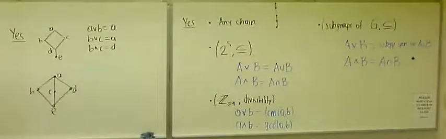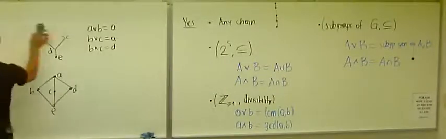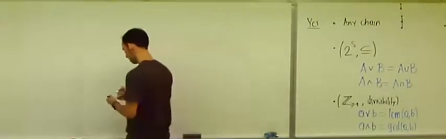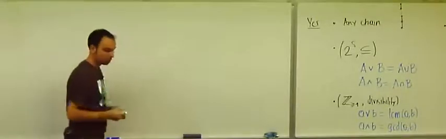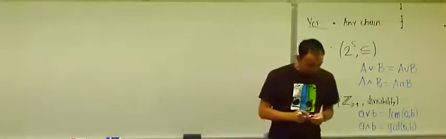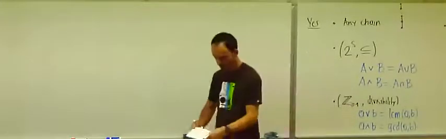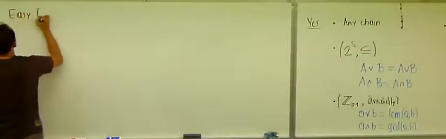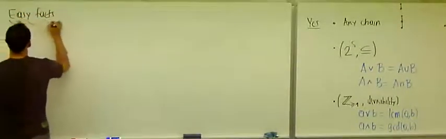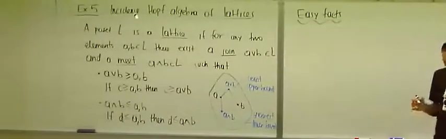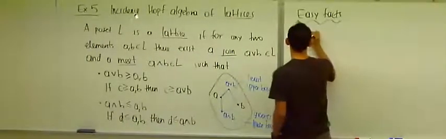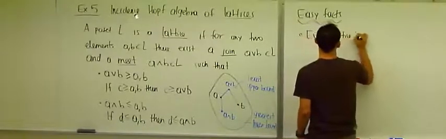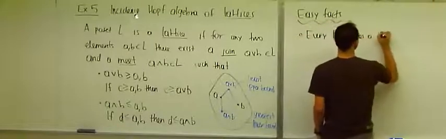So those are some easy examples of lattices. And let me just mention some easy facts about lattices. So one I already mentioned, which is that every lattice has a 0 and a 1.